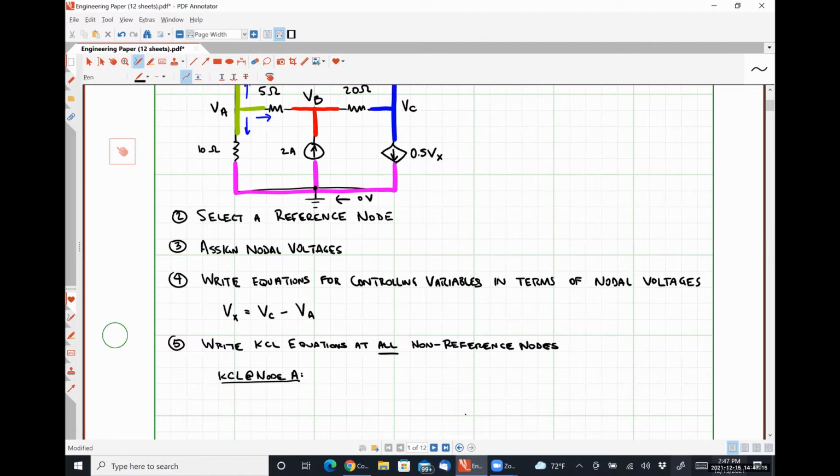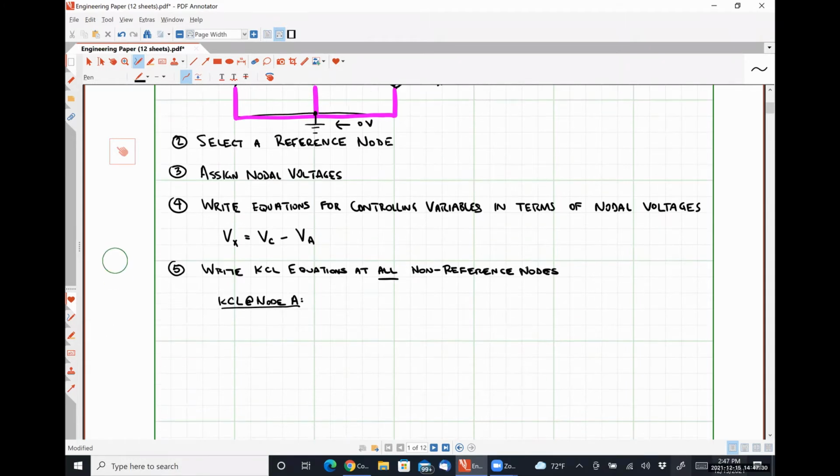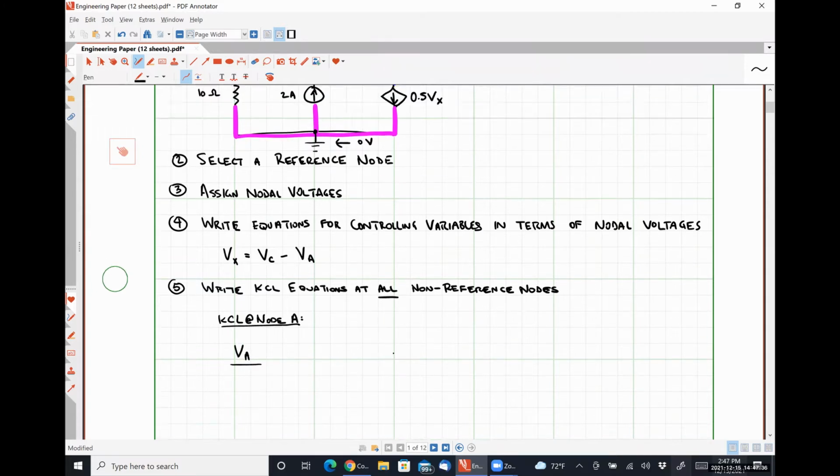The voltage drop is VA, the node where the current's starting from, minus 0, the node the current is flowing to, and then I divide that by my resistor value. So in this case, it's VA minus 0 divided by 10 ohms.